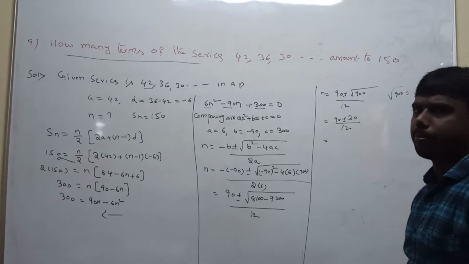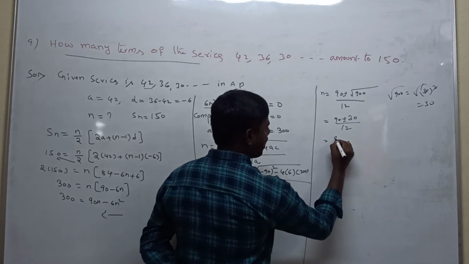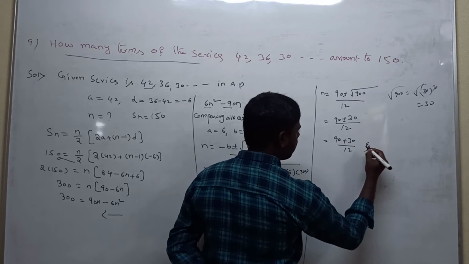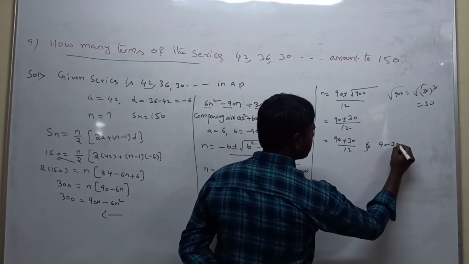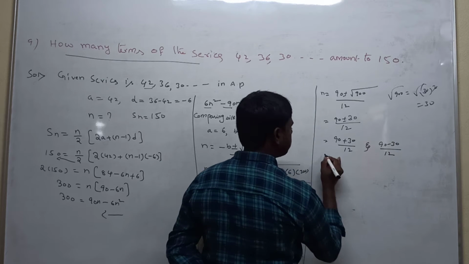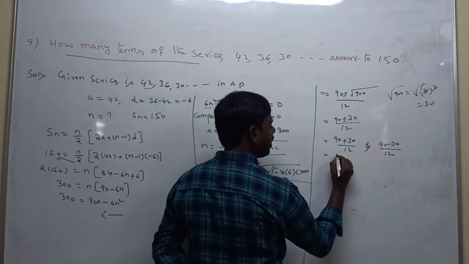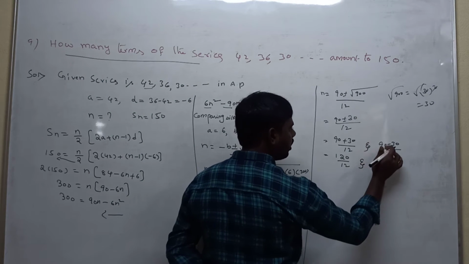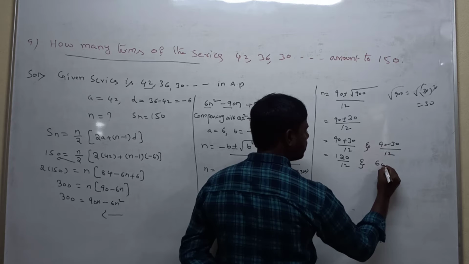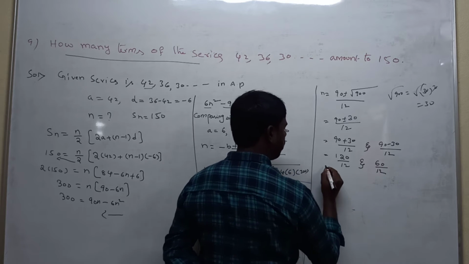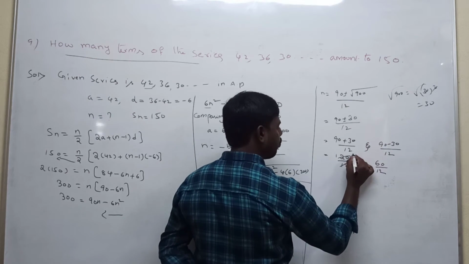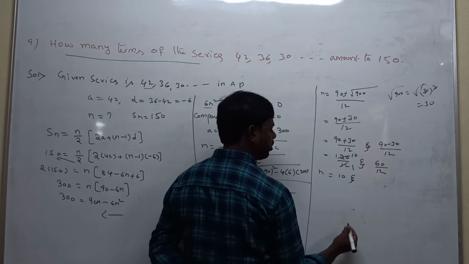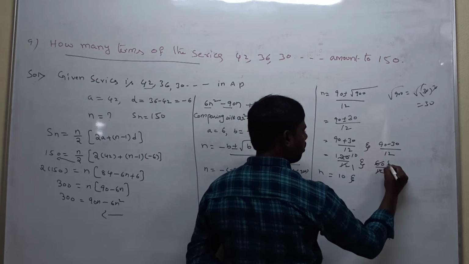Now we can write separately: one is 90 plus 30 by 12, the other is 90 minus 30 by 12. 90 plus 30 is 120 by 12, and 90 minus 30 is 60 by 12. Now 12 ones are 12, 12 tens are 120, so we got 10. Next, 12 fives are 60, so 5.